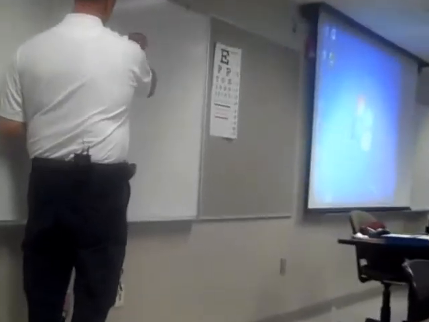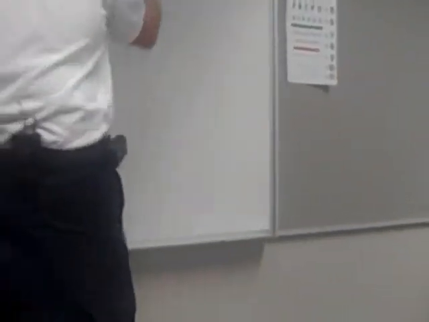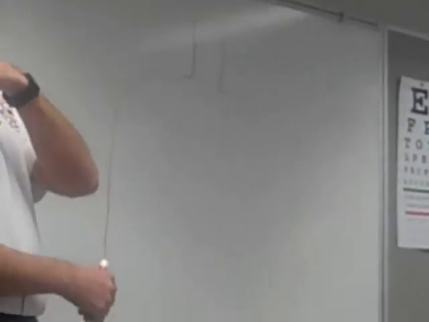So let's look up here on the board for white, red, green, black. Again, I'm not much of an artist here. Your limb leads should go on your limbs, preferably over muscle, not real close to bone. You don't want it up here on your shoulder blade.